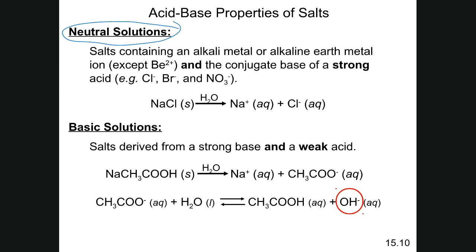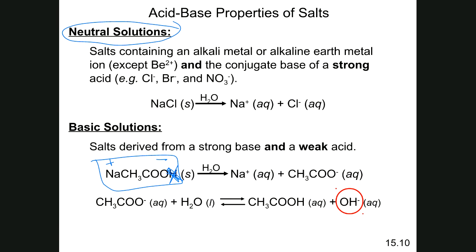If it's coming from a strong base and a weak acid, this is a salt. How do we know it's a salt? Because it's a metal and a non-metal. With the metal and non-metal, there should actually be no hydrogen here.